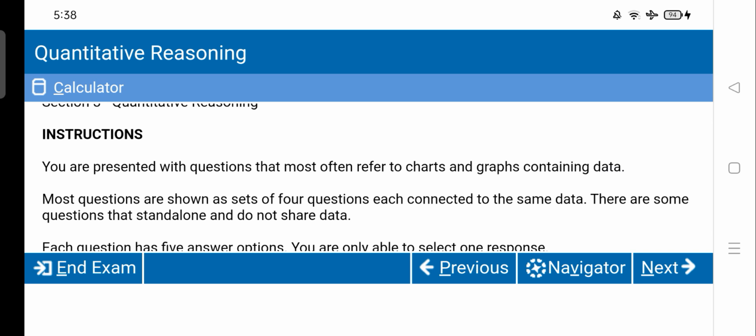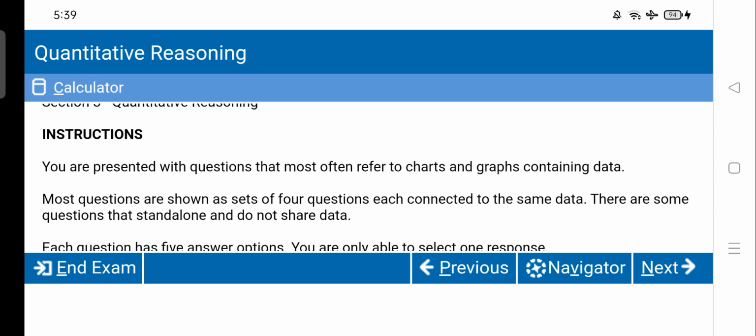You are presented with questions that most often refer to charts and graphs containing data. Most questions are shown as sets of 4 questions, each connected to the same data.